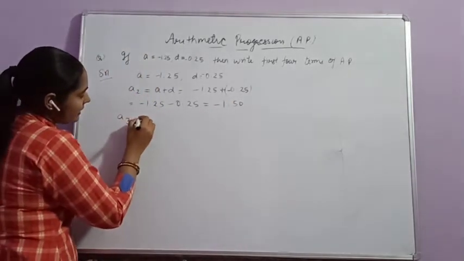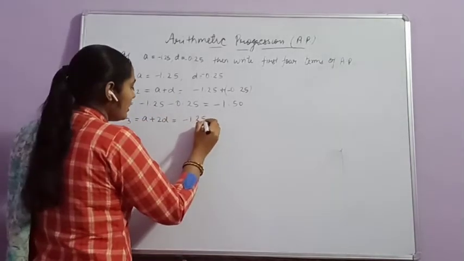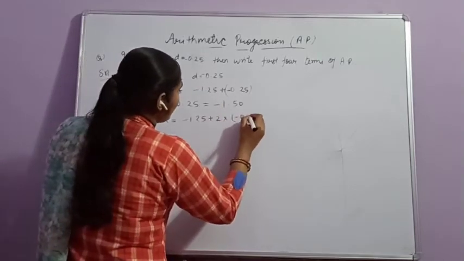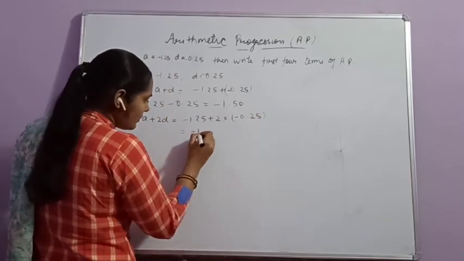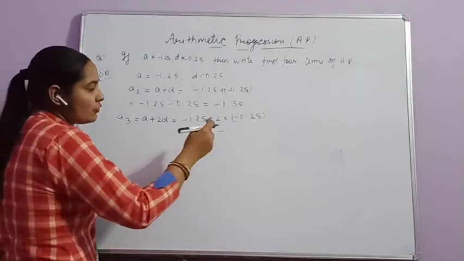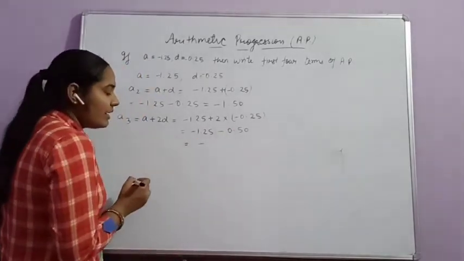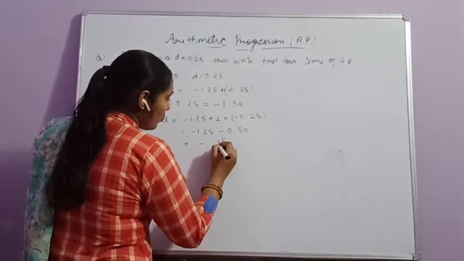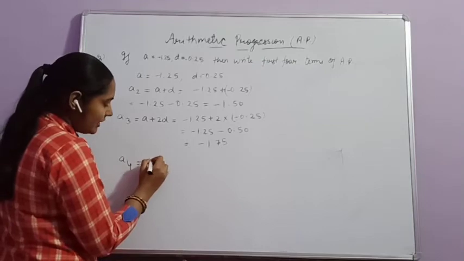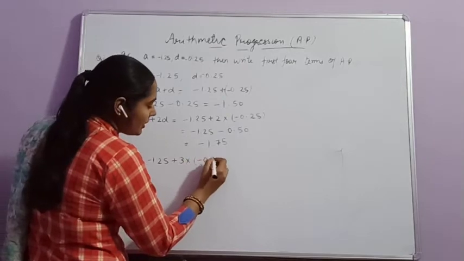Next term A3 is equal to A plus 2D. A is equal to minus 1.25 plus 2 into D, which is minus 0.25. Minus 1.25 plus minus 2 multiplied with 0.25, that is 0.50. Minus plus sign will be negative, 1.75. Similarly, the fourth term will be A plus 3D. A is minus 1.25 plus 3 into D, which is minus 0.25.